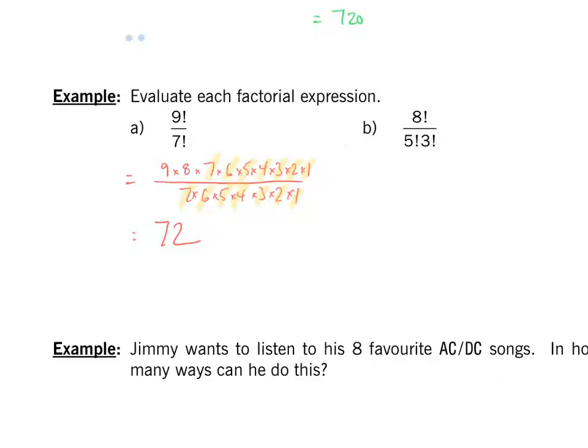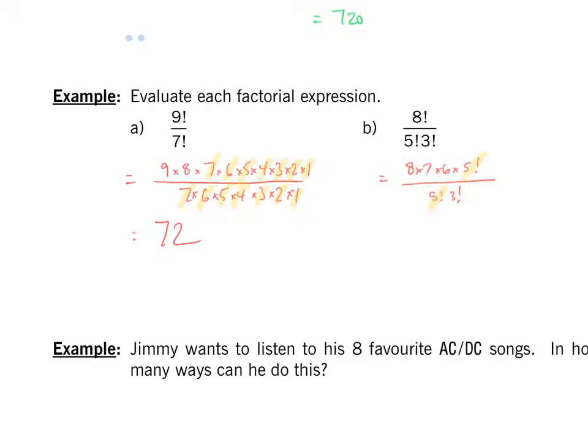And if we move on to the next one, we have 8 factorial over 5 factorial, 3 factorial. So same kind of idea here. 8 factorial is 8 times 7 times 6. Now we're going to write it as times 5 factorial. Why are we doing that? Well, we're doing that because there's a 5 factorial in the bottom. And if we have a bunch of products on top and a bunch of products on the bottom, we can go chop chop and those 5 factorials go away.